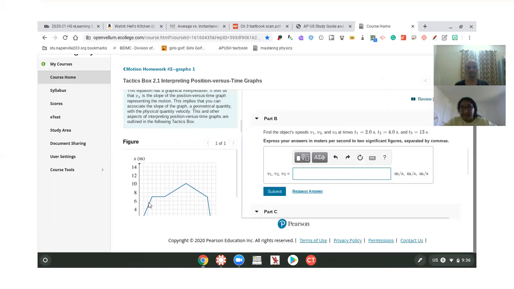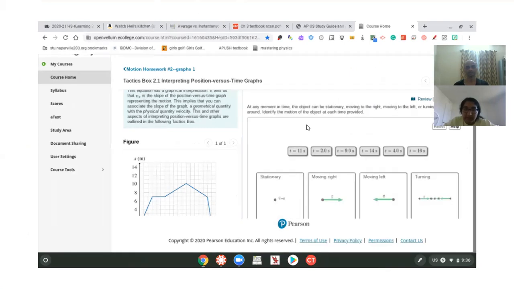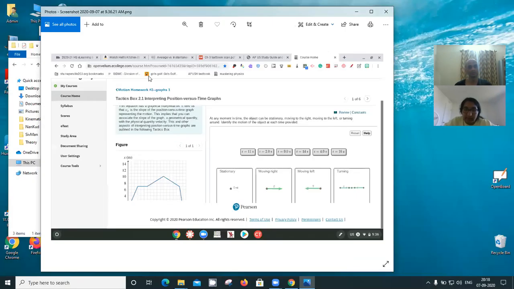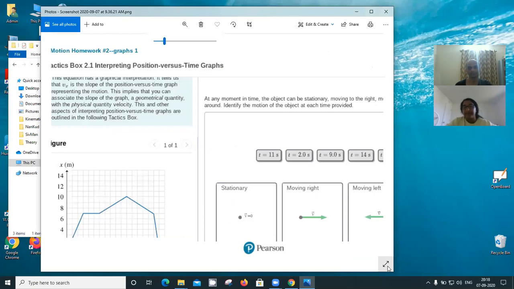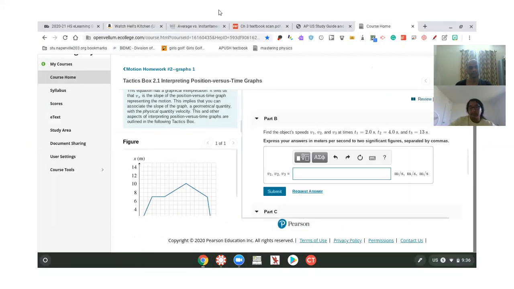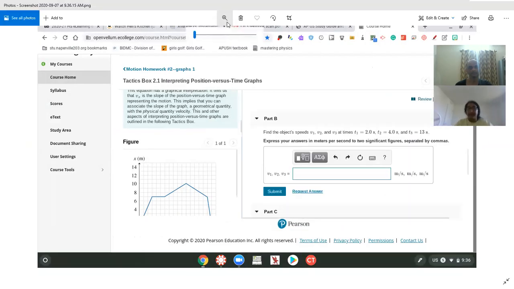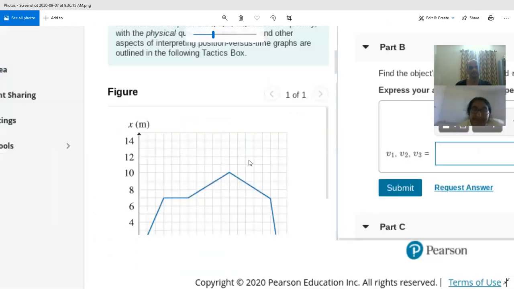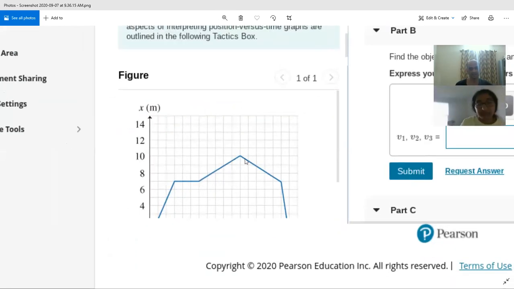Okay, and the slope of a straight line, will it change from point to point? What do you mean? Just a minute. See, this is a straight line, right? This part.